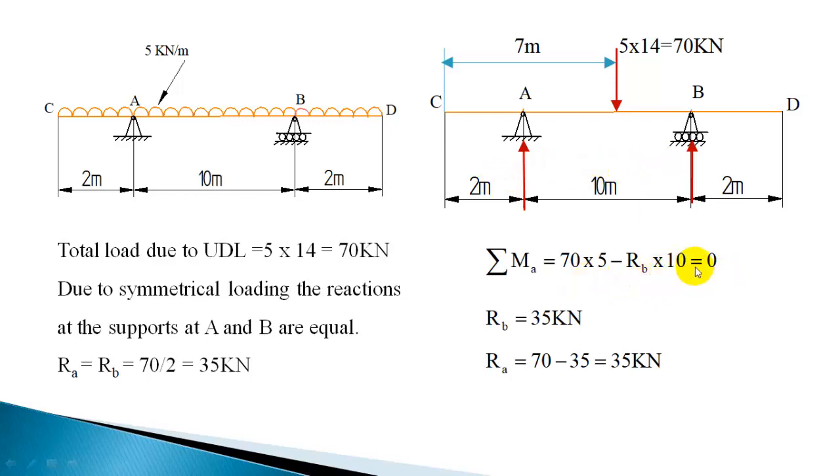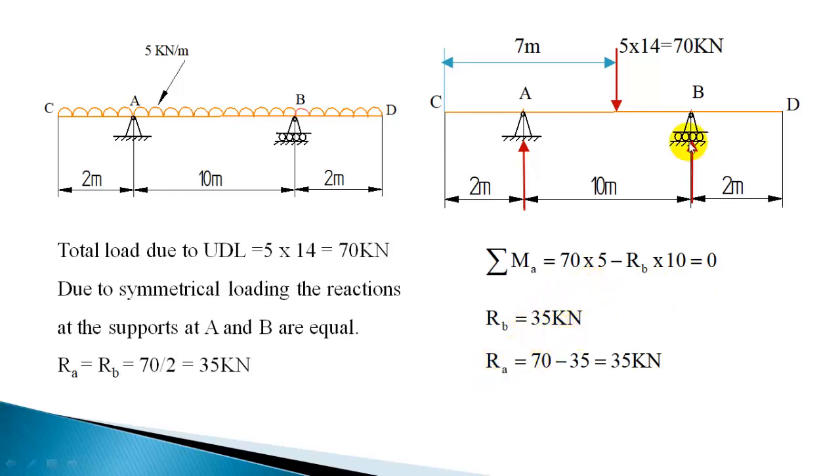That is the moment summation. So there are only two loads. This load is not producing any moment with respect to A, as we have chosen this as a moment center. So 70 is producing a clockwise moment. 70 into 5 minus RB into 10 is equal to 0, or RB is equal to 35 kN.